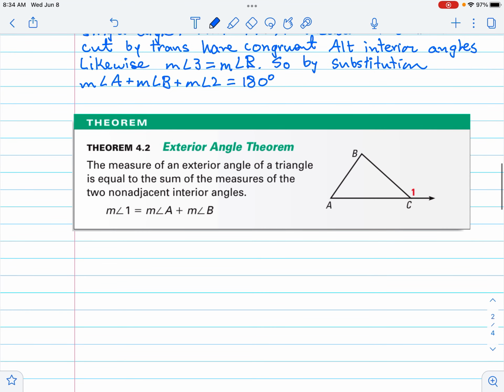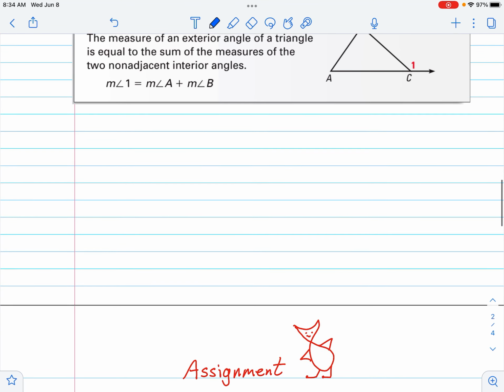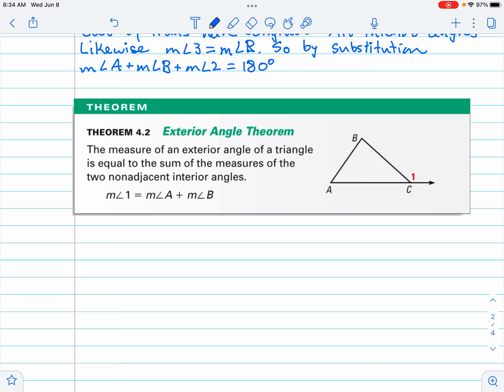Now, the next thing I want to talk about is these exterior angles. So look, I've got a triangle here, and notice the measure of angle 1 plus the measure of angle ACB is equal to 180 degrees, because of angle addition and also you have a straight angle there. This right here is what we call a straight angle.